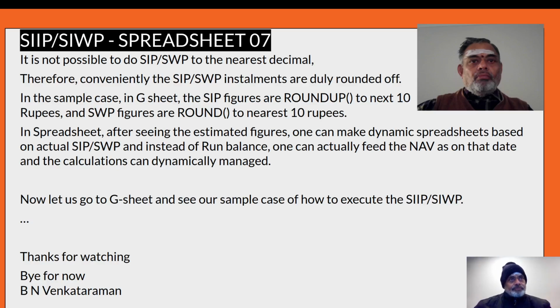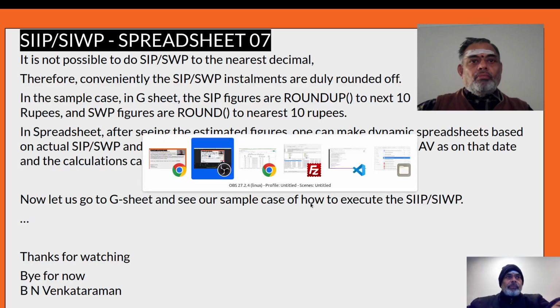In the spreadsheet, after seeing the estimated figures, one can make a dynamic spreadsheet based on actual SIP, SWP, and instead of run balance, one can actually feed the NAV, net asset value, as on that date, and calculations can be dynamically managed. Now, let us go to Google Sheet and see our sample of how to execute SIP, SWP.